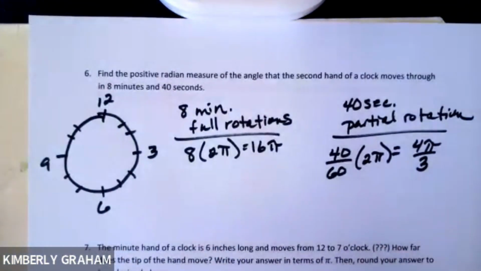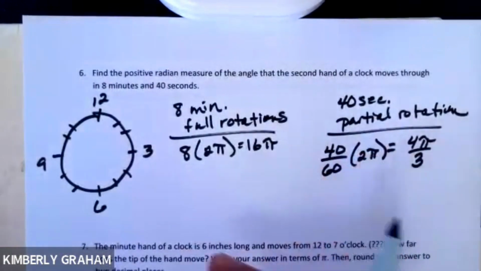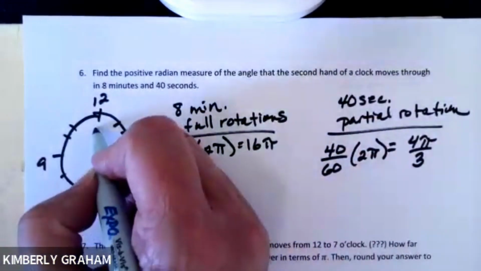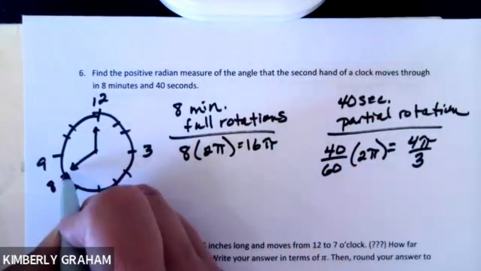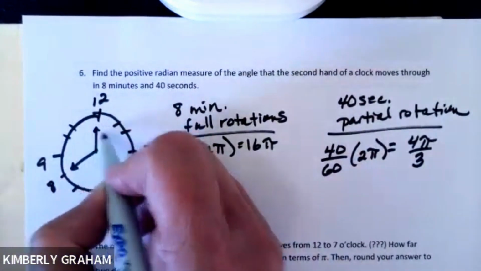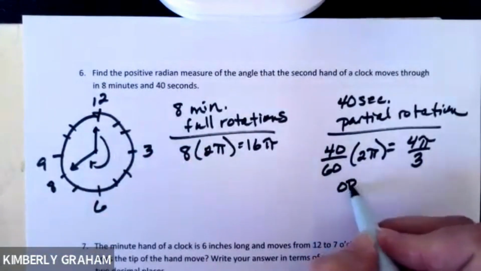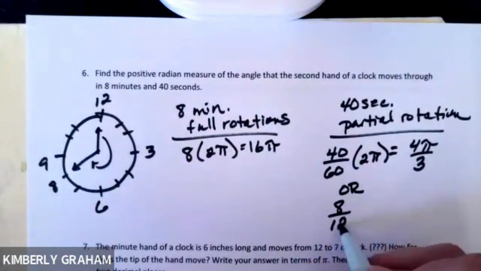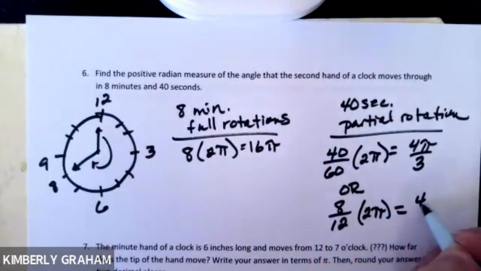Now, another way that I could do this problem for the 40 seconds part is to know that 40 seconds would put my second hand over here at 8, and that's 8/12 of a revolution. So I could say this is 8/12 times 2 pi, multiply that, and I would get 4 pi over 3.